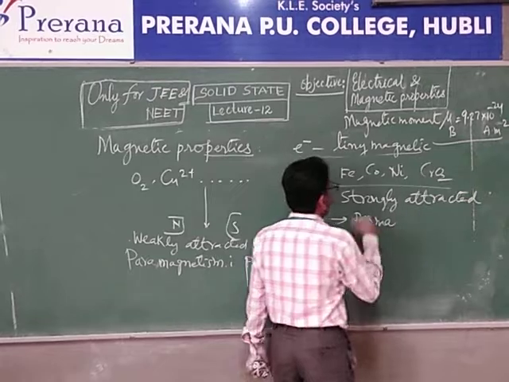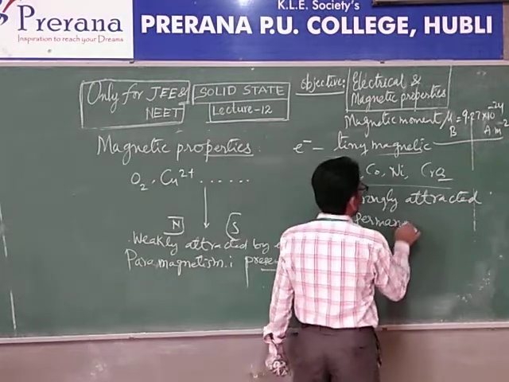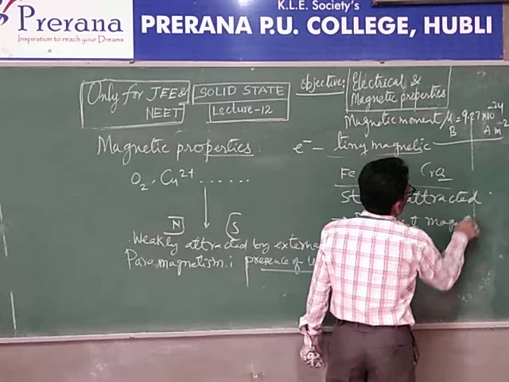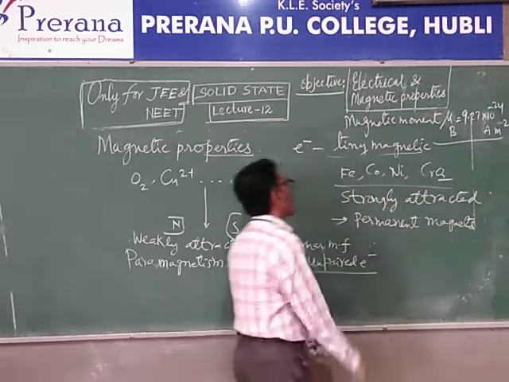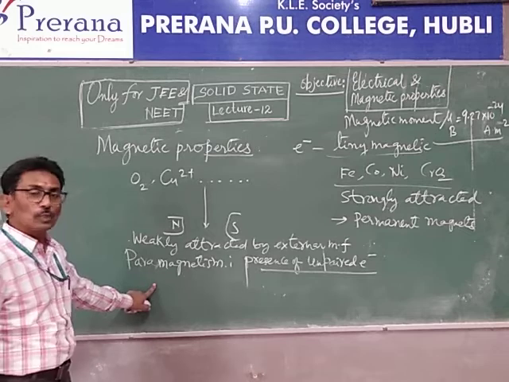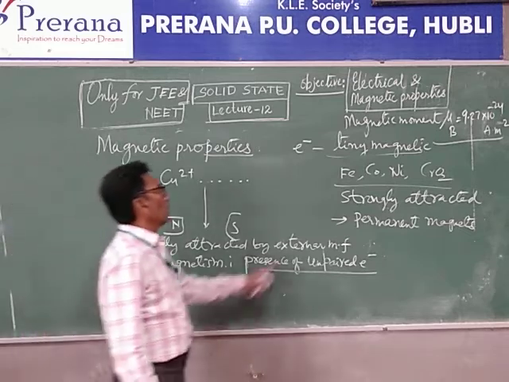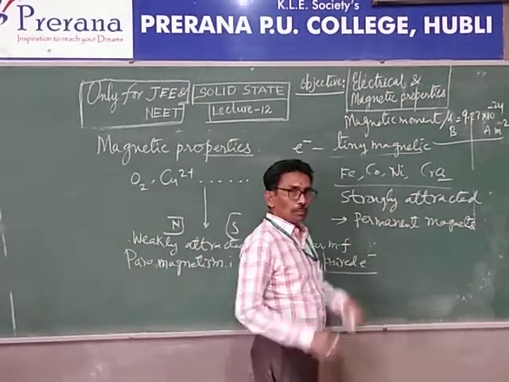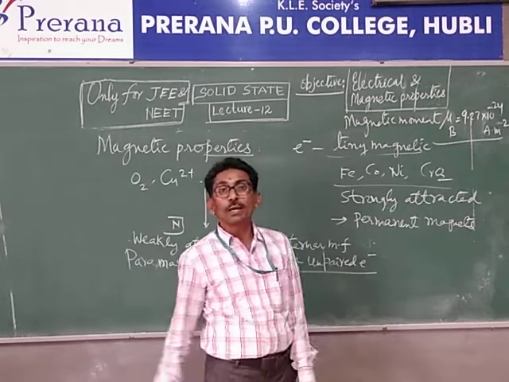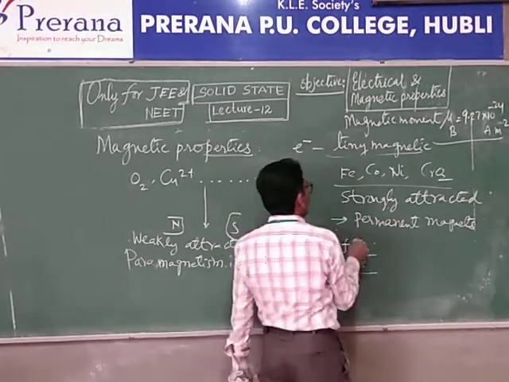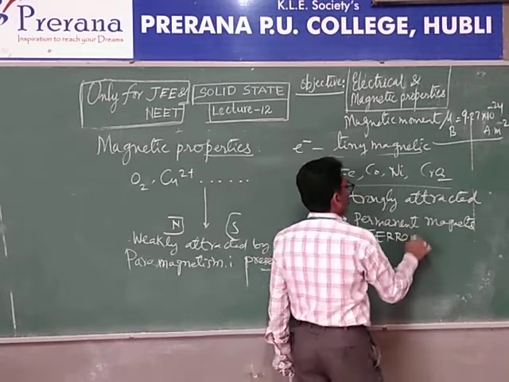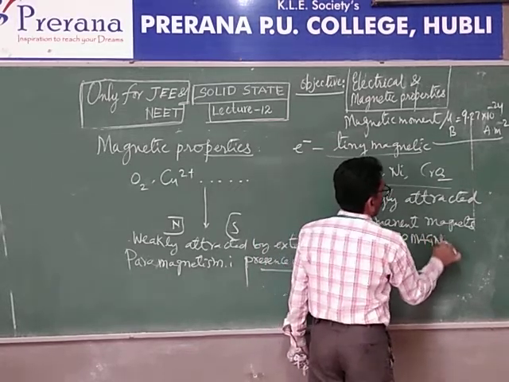They are transformed into permanent magnets. Their magnetic behavior is not changed in the absence of the external magnetic field. They behave as permanent magnets. This is known as ferromagnetic materials. Give an example of a ferromagnetic material.